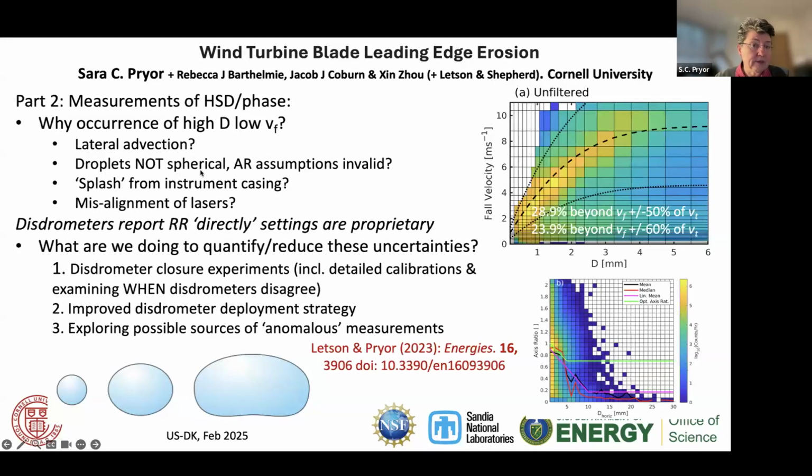The second thing is that the droplets are not spherical, so there is an assumption being made about the axis ratio internal to the disdrometers. Maybe those assumptions are wrong.